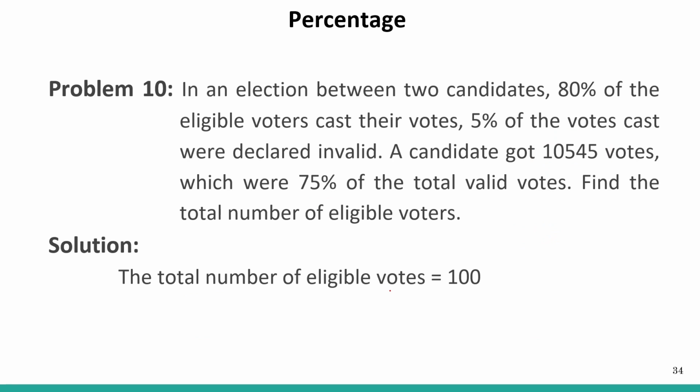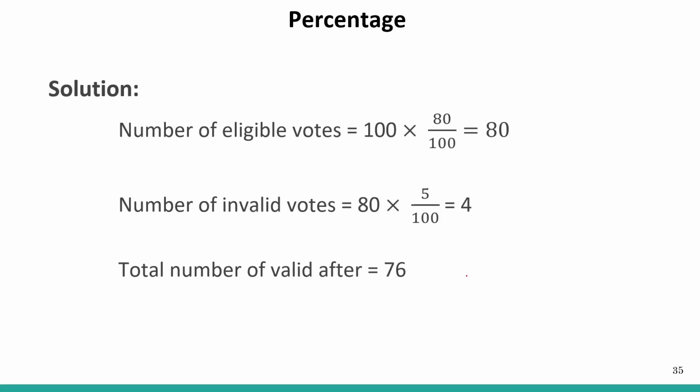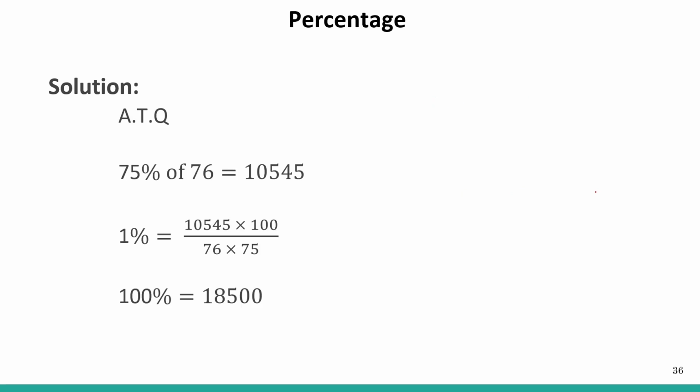Let the total number of eligible voters be 100. So the number of voters who cast votes will be 100 into 80 by 100, which is 80. The number of invalid votes is 80 into 5 by 100, because it is 5%. So it will be 4. The total number of valid votes will be 76, because 80 minus 4 is 76.